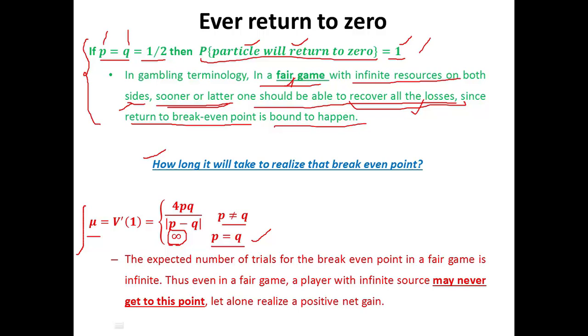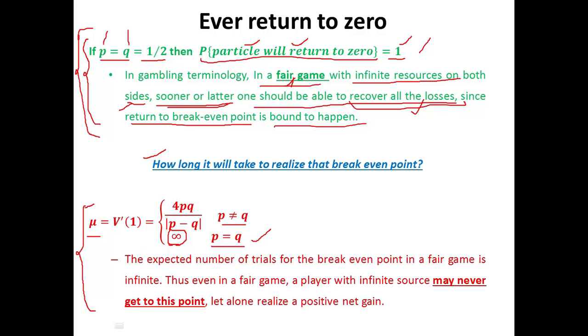So this is the point which gambling houses actually prefer, because they know whoever is coming to play is going to lose, and this is the point which players normally prefer, because they consider they may lose initially, but sooner or later they are going to at least recover all the losses.